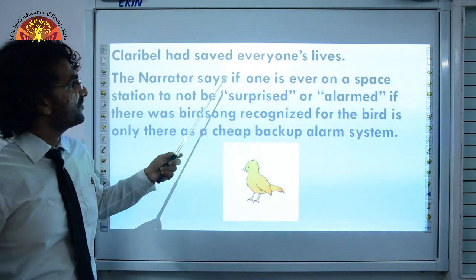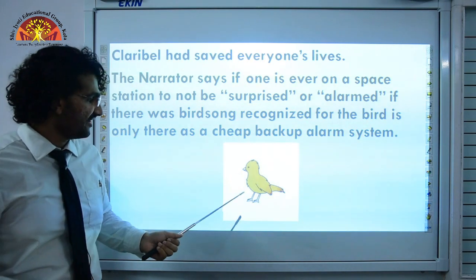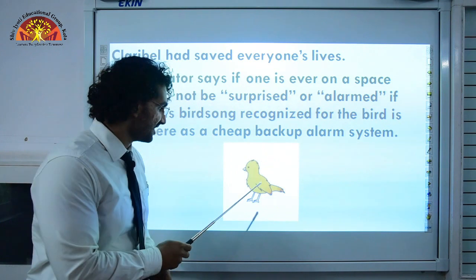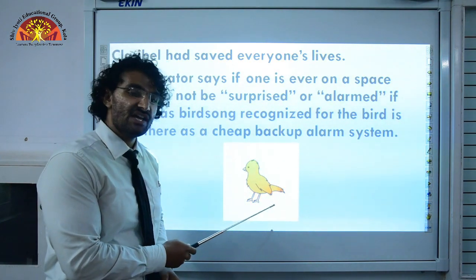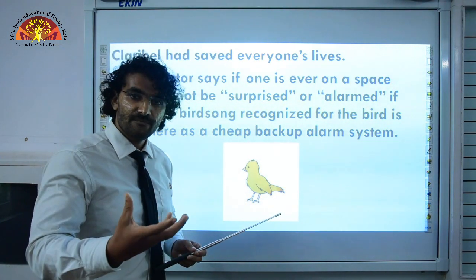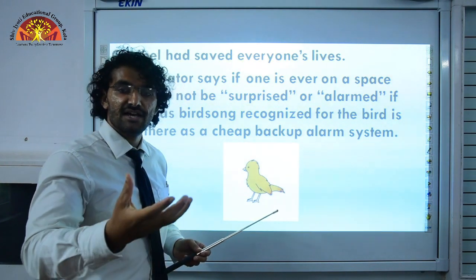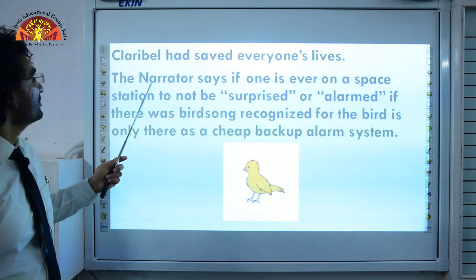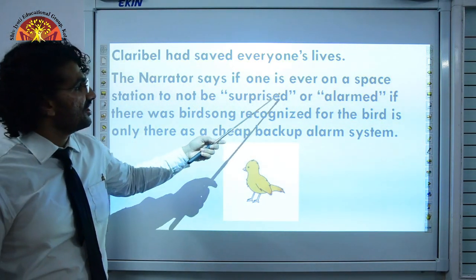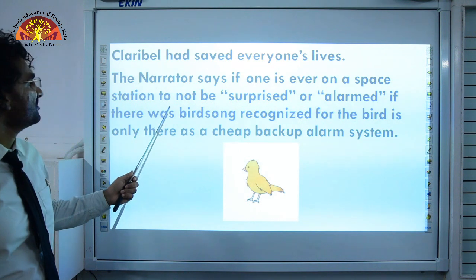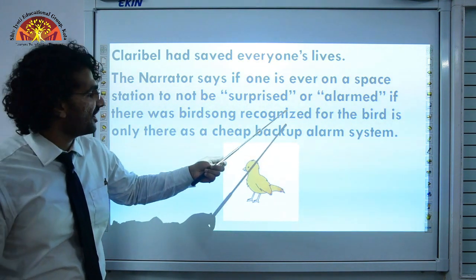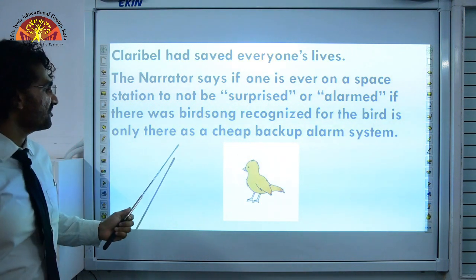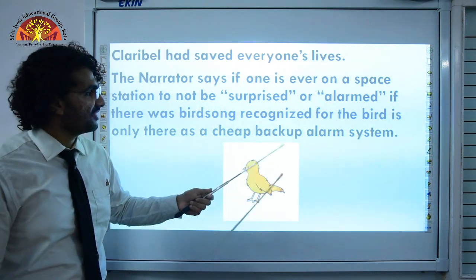Claribel had saved everyone's life. So our dear canary has saved everybody's life because the alarm did not work. But it was Claribel who let everyone know that the alarm was not working and that the air, the oxygen, had gone bad on the space station. The narrator says that if one is ever on a space station, do not be surprised or alarmed if there is bird song, for the bird is only there as a cheap backup alarm system.